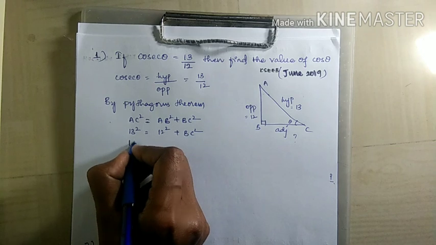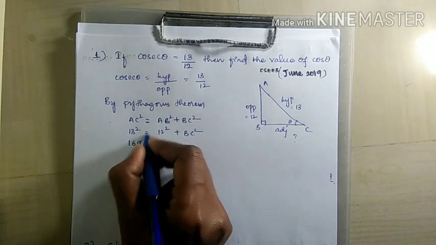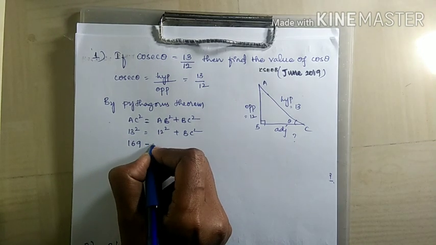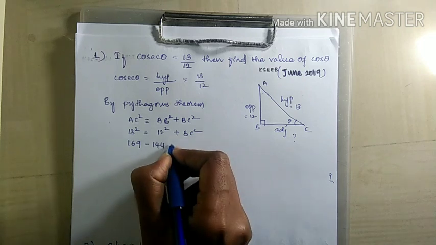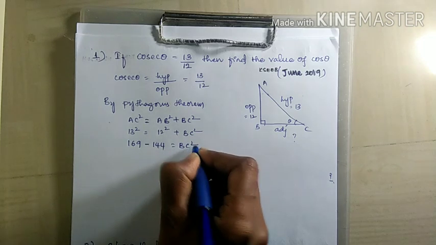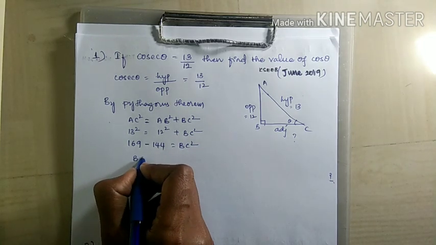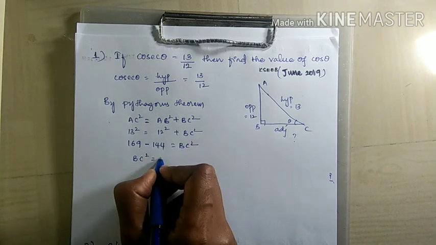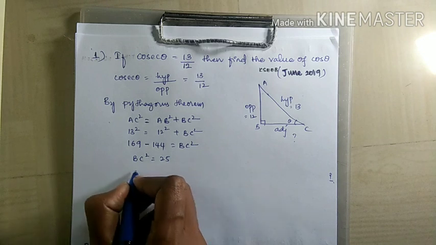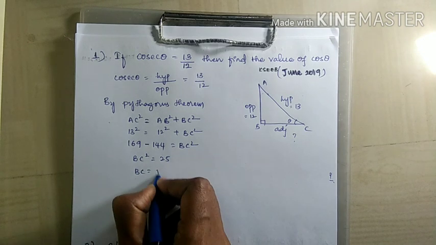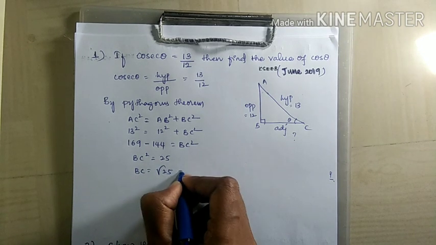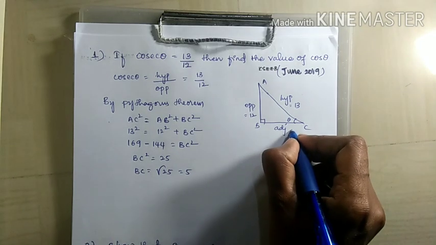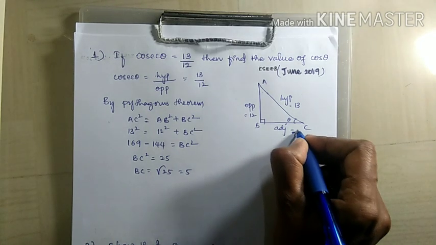Now 13 square is 169 and 12 square is 144, that is equal to BC square. Now BC square equals 169 minus 144, which is 25. Now BC equals square root of 25 equals 5. So the adjacent side is 5.